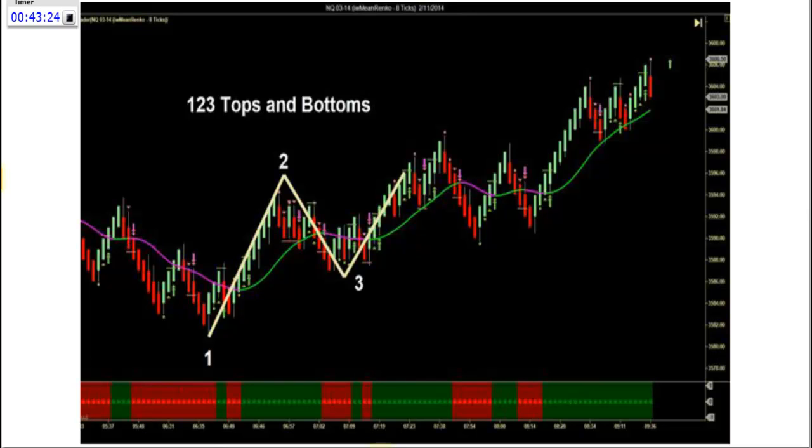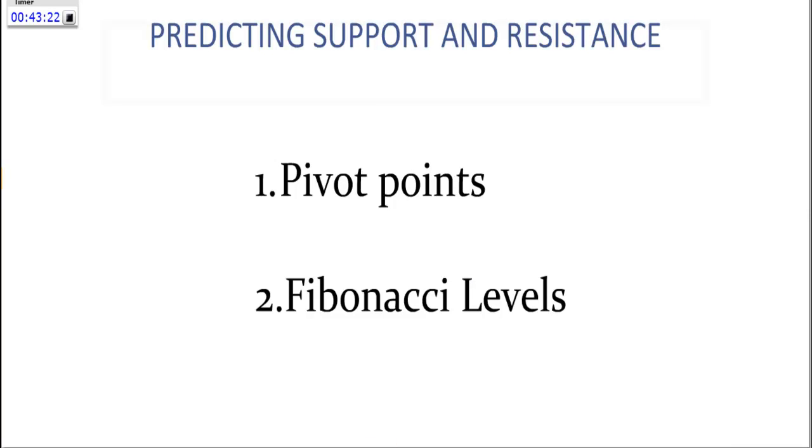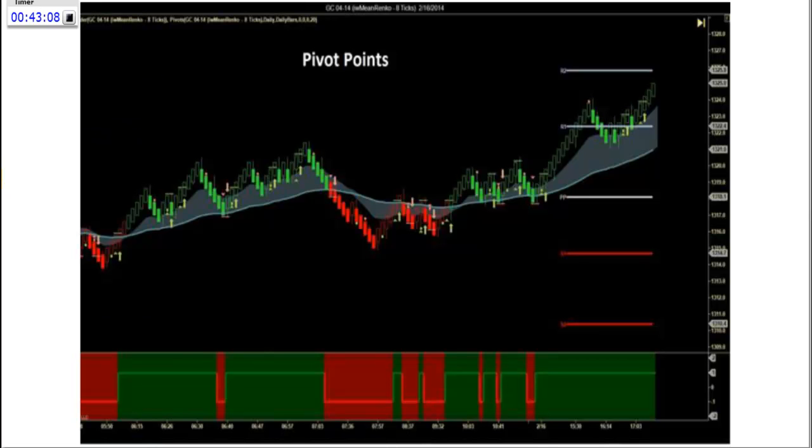There's also the predictive support and resistance. And two of the most common predictive support and resistance methods are pivot points and Fibonacci retracements. Pivot points, I touched on briefly.